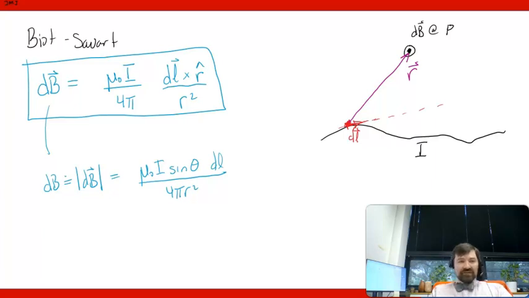And if I put in an angle running from dl to r, remember how cross products work, that angle theta would be the theta in this equation down here.